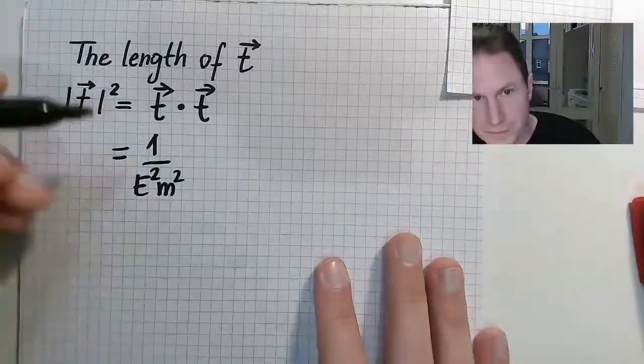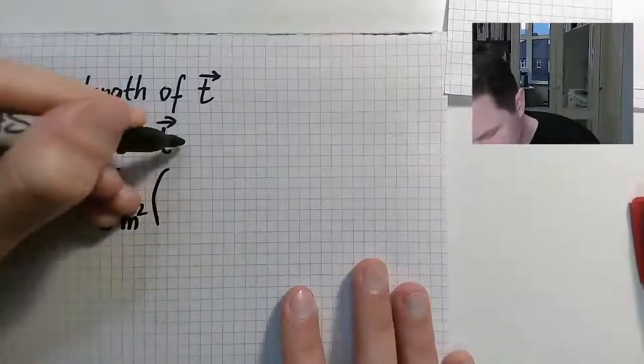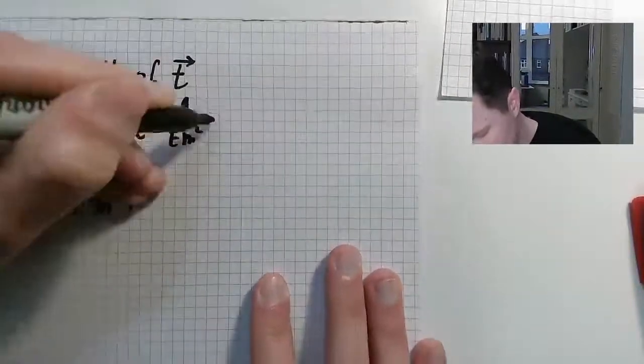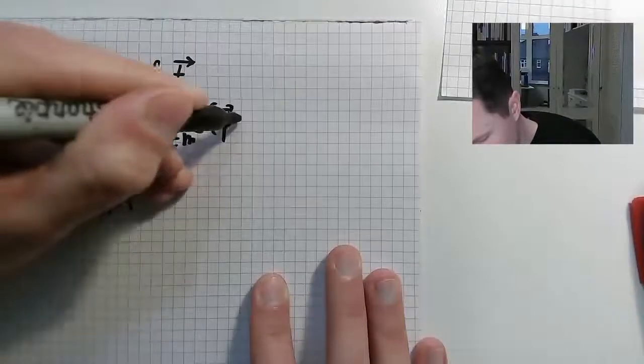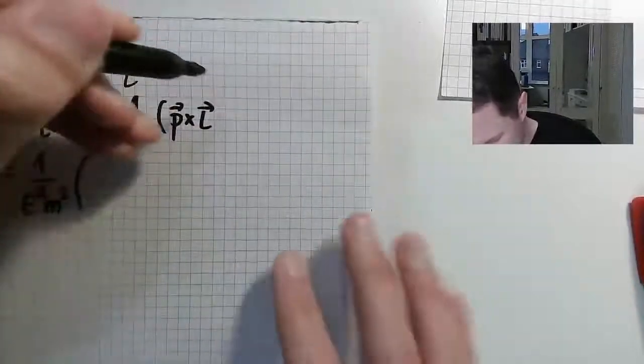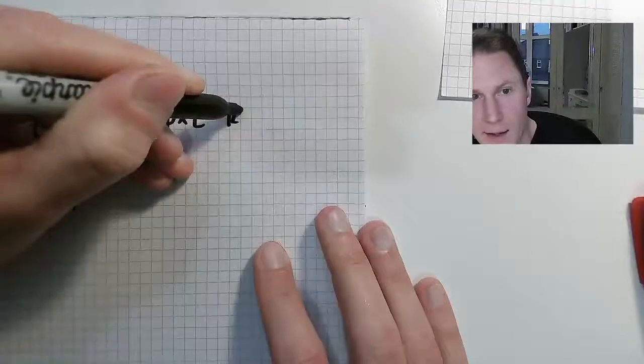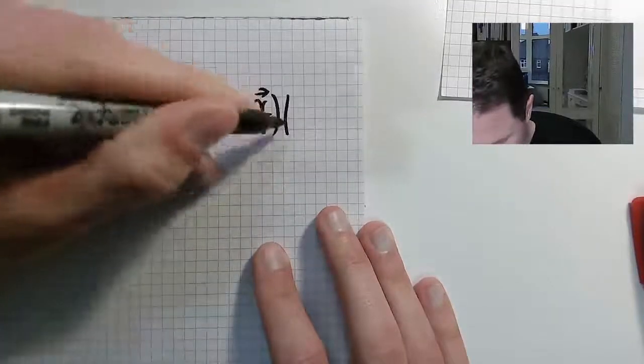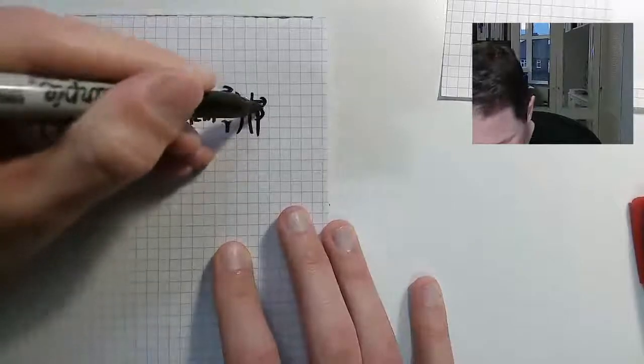Then we have to take p cross l minus k times m times r over r and multiply it by itself.